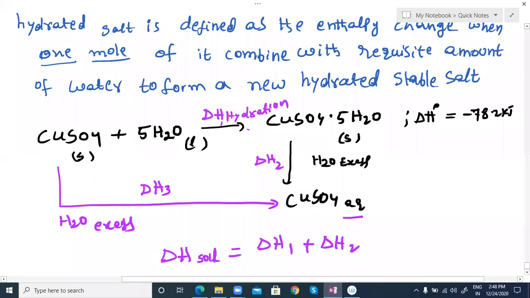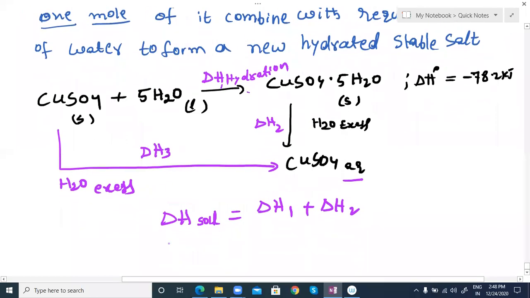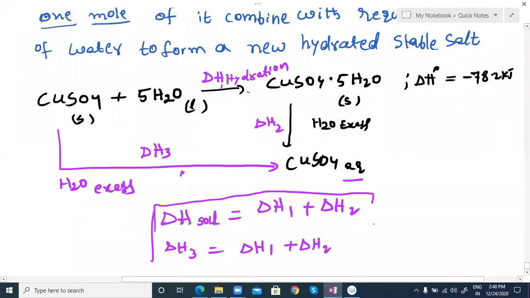This is from Hess law, very simple. They will provide every case's energy value. Just add or subtract. That's the only job you have, sir.